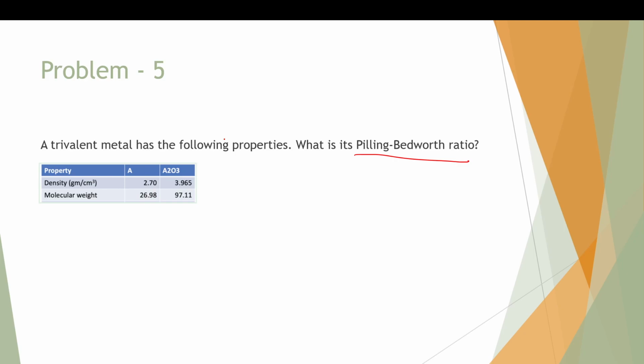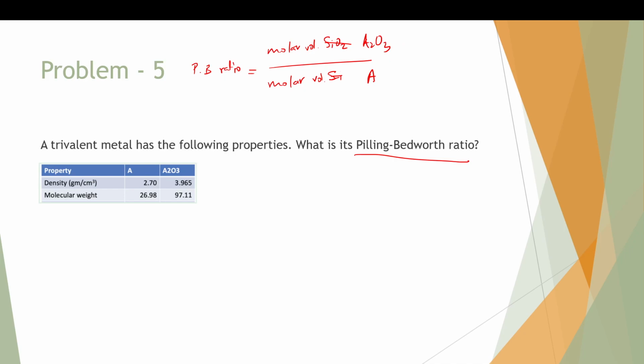In the case of SiO2 and silicon, we had found the Pilling-Bedworth ratio in class, and it was molar volume of SiO2 upon molar volume of silicon. So in this case, we just replace SiO2 by A2O3 and silicon by A. So to start with, we have to first find this PB ratio.